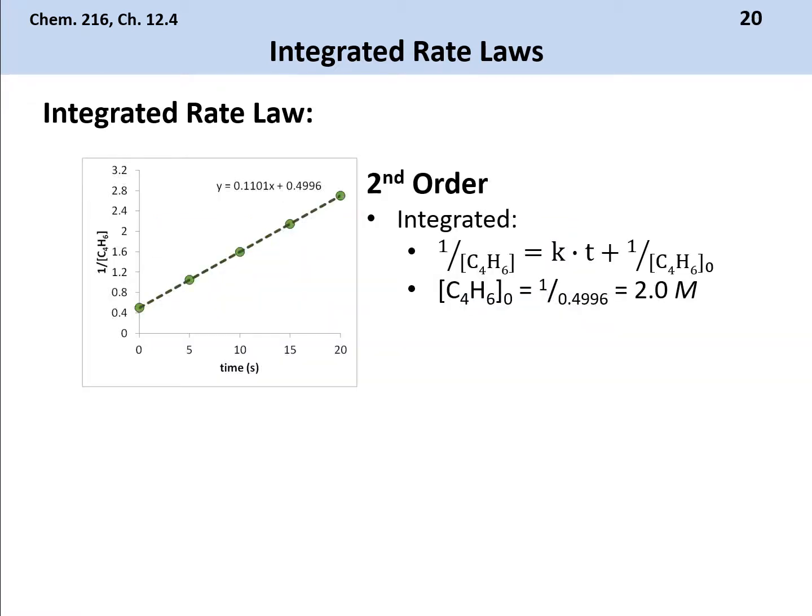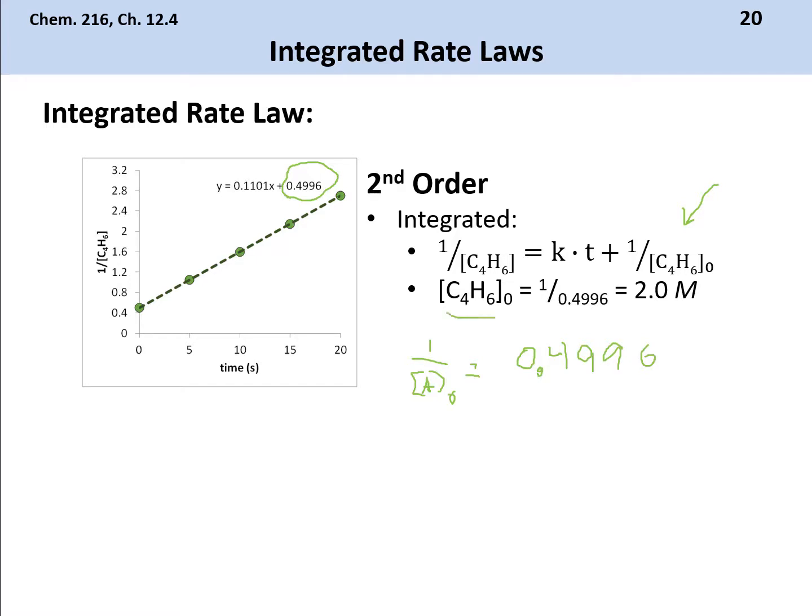Now, seeing that it's second order, I can go ahead and figure out its integrated rate law, okay? So 1 over my initial concentration equals 0.4996.